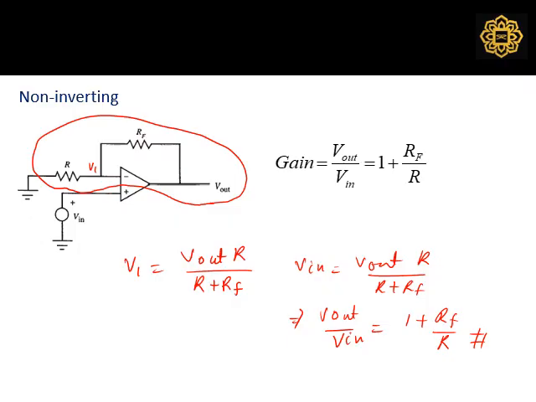The difference is that the gain is always higher than or equal to 1, and the voltage sign does not change from the input.